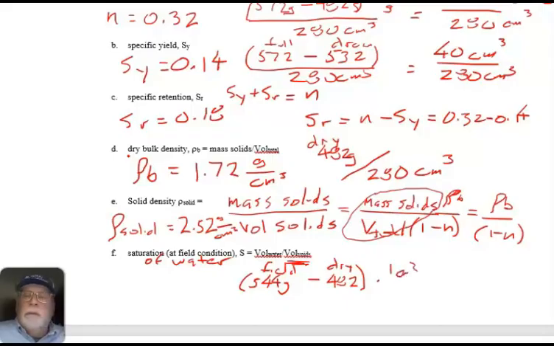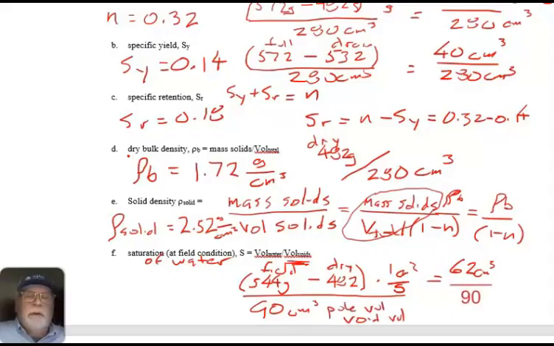Cubic centimeter per gram. So that's 62 cubic centimeters. And this is divided by not the total volume, but the volume of voids. So that's 90 cubic centimeters. That's the pore volume, or the void volume. So that turns out to be, the saturation is 0.68.